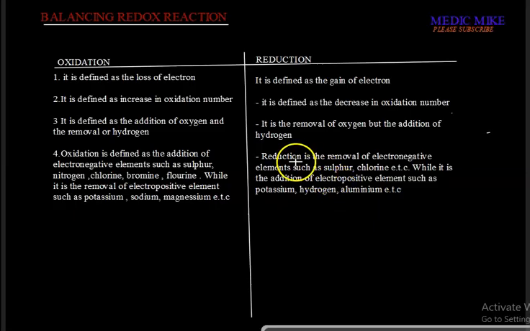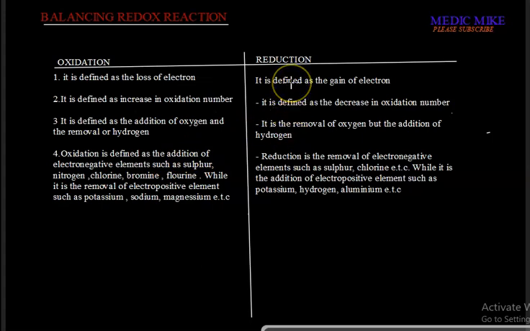So from that equation, we have been able to denote that oxidation involves the loss of electron, oxidation involves the increase in oxidation number, and oxidation involves the addition of oxygen and the removal of hydrogen. Now, number 4 also says oxidation is defined as the addition of electronegative elements such as sulfur, nitrogen, bromine, fluorine, etc. So we are going to be going over to reduction now.